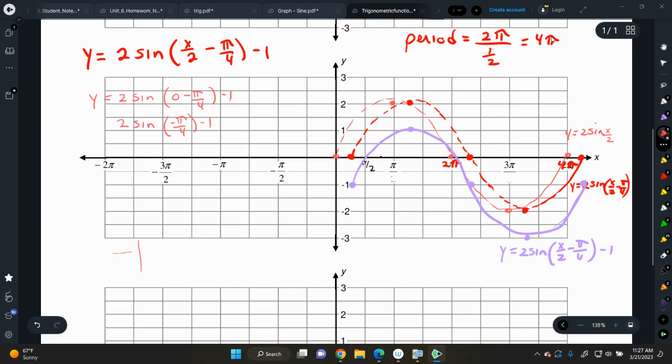Negative pi over 4 would bring me right here. The sine is negative root 2 over 2, which is approximately negative 0.71. So we'd be looking at 2 times negative 0.71 minus 1, so negative 1.4 minus 1, so approximately negative 2.4. So it's going to cross the y-axis right about there. That's how we would figure out where it actually crosses the y-axis.